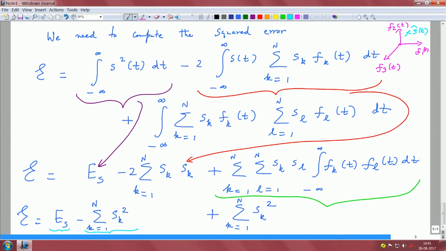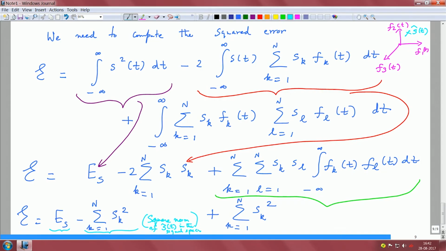This is basically the norm square of this vector representation, the square norm of S hat of t in the signal space. And I think it is a pretty interesting result.